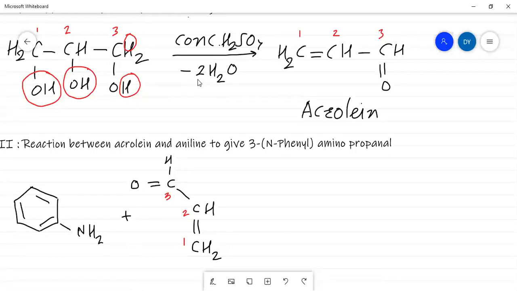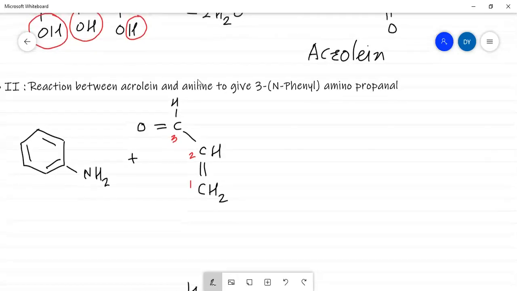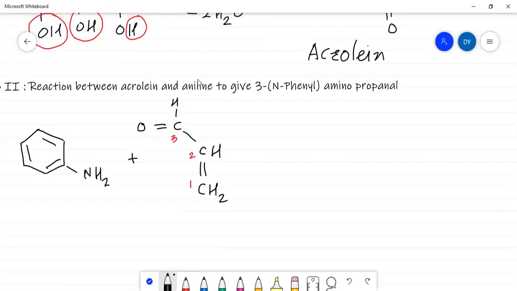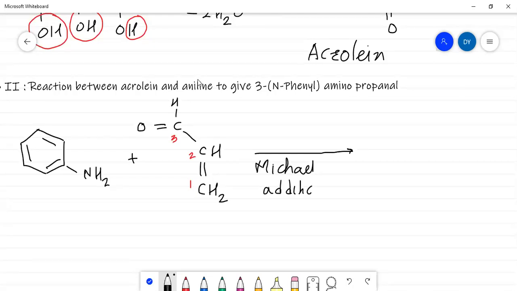Okay, so what type of reaction takes place between these two? The reaction is very simple. The reaction that takes place between the two is called an addition reaction. But this addition reaction is called Michael addition reaction. This is the name of this type of addition. Now in this Michael addition reaction, what happens?